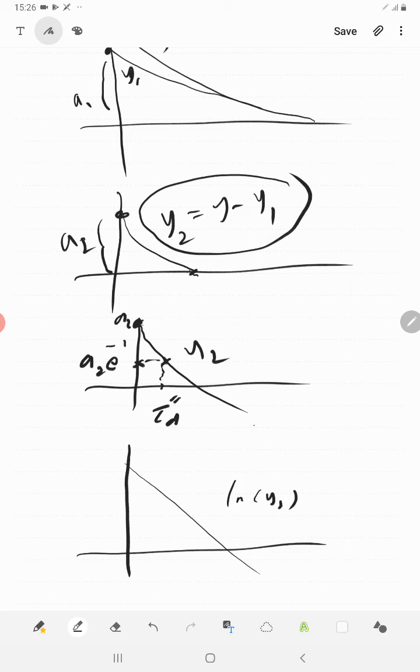You'll get ln A2, and similarly at this point here, this will be ln A2 minus 1.